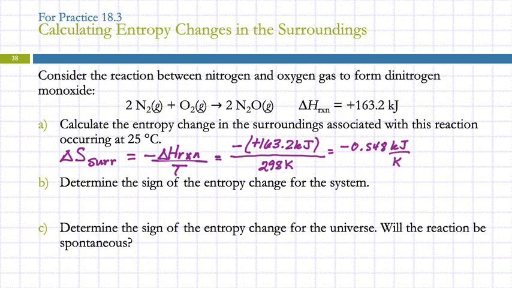Yeah, it needs to be in joules. And we can kind of see why. Most entropy changes are going to be quite small, and so they're much nicer numbers in joules. So this is going to be negative 548 joules per Kelvin for that temperature.